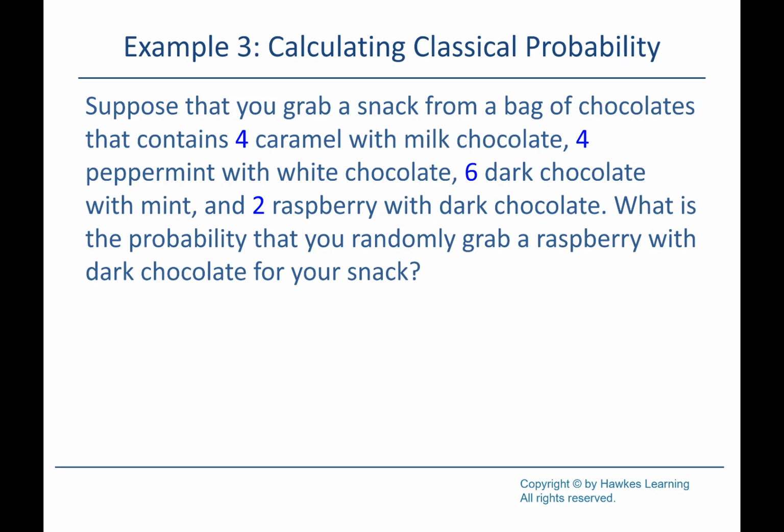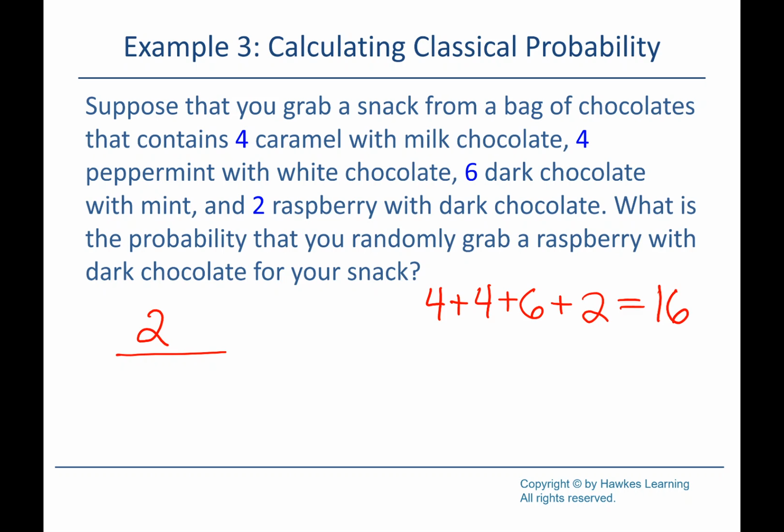Yeah, all right, so let's see. So we've got 2 raspberry with dark chocolates in there, right? So that's how many we have in our event. Out of, then we need to figure out the total. So I've got 4 of the first kind, 4 of the second kind, 6 of the next one, 2 of the last one.